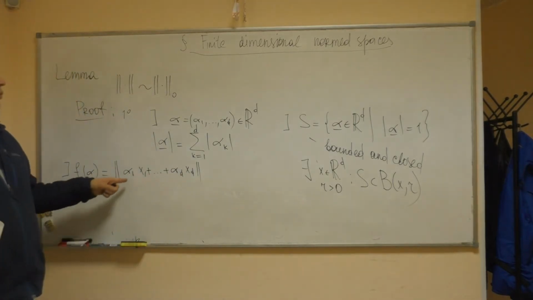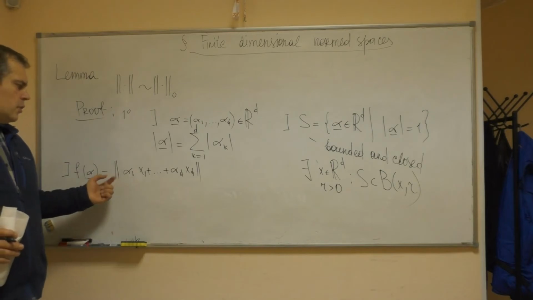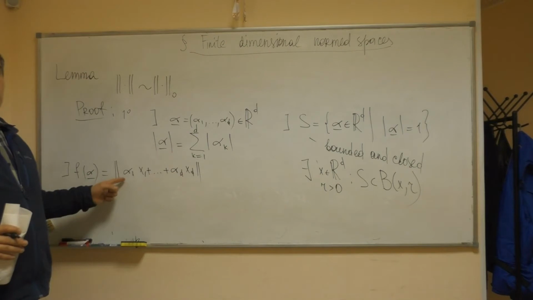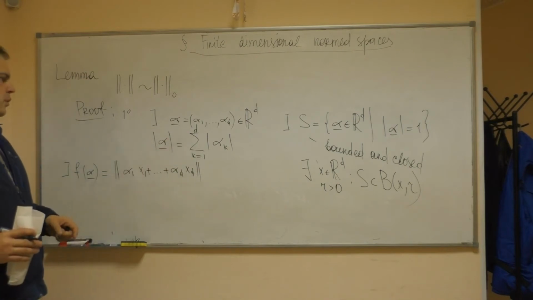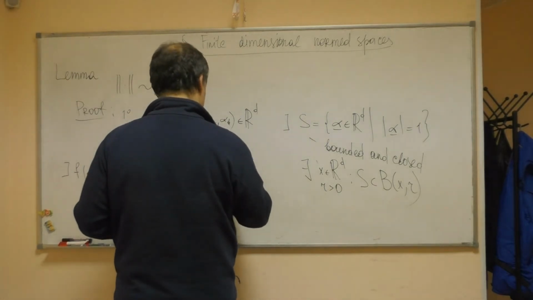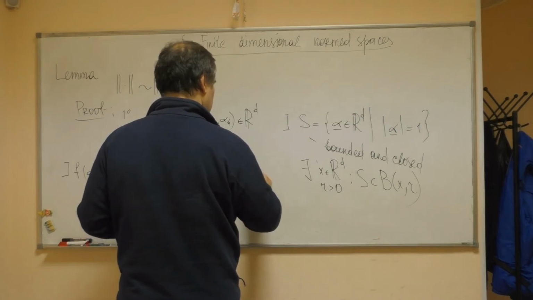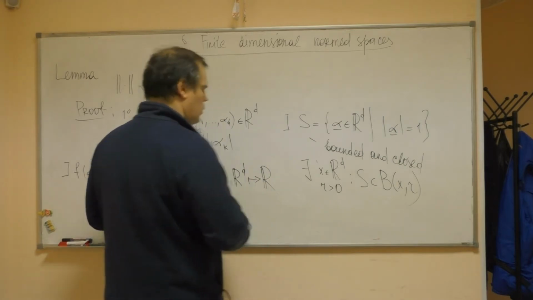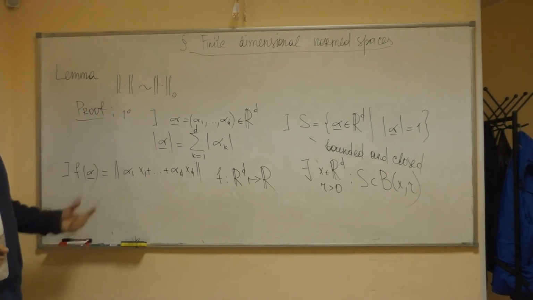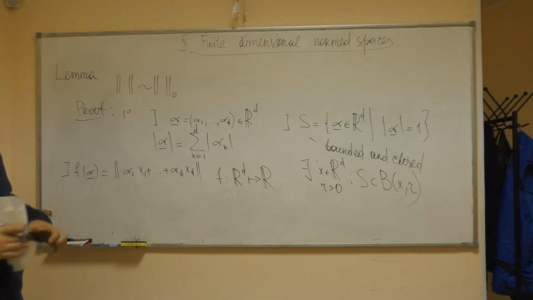So we compose this linear combination and calculate the norm of this element in X. So f is a function from Rd to R. It returns real numbers for each element from Rd.